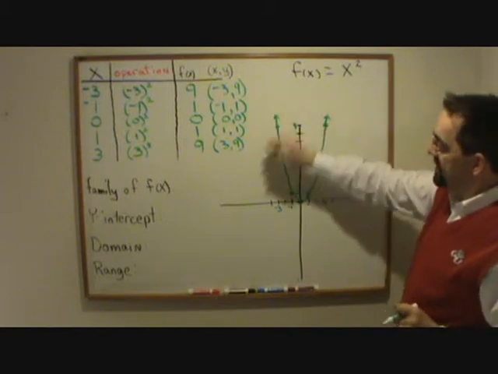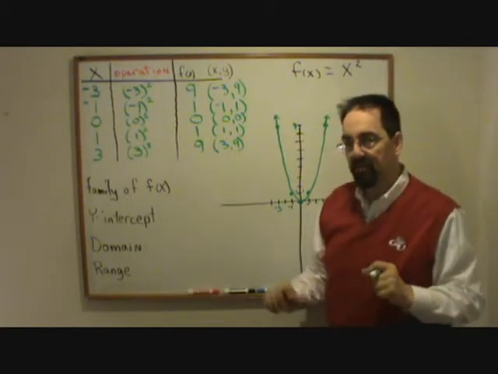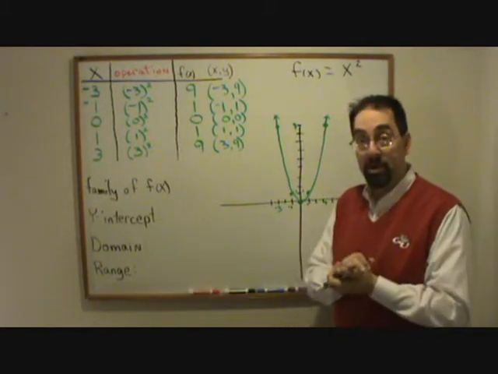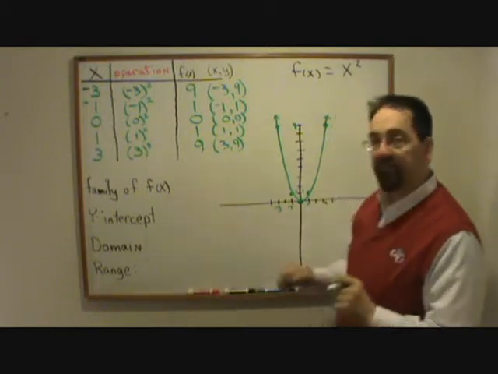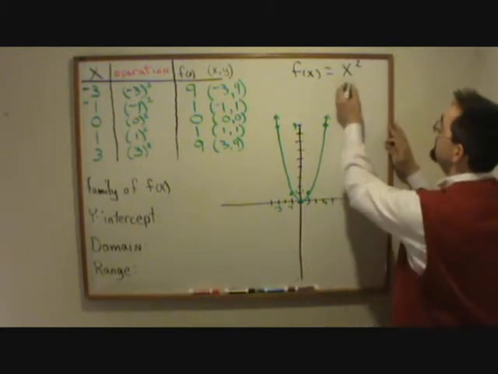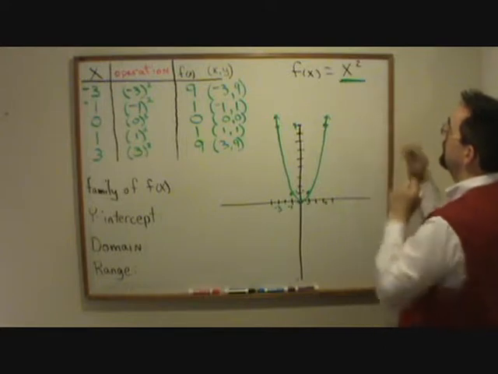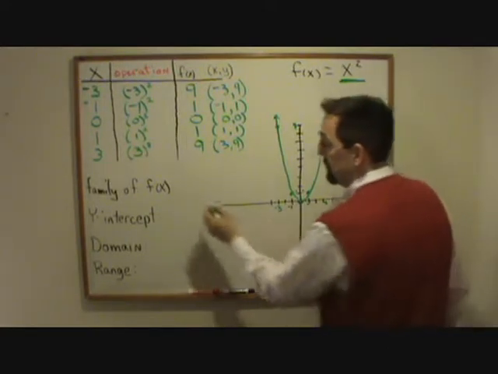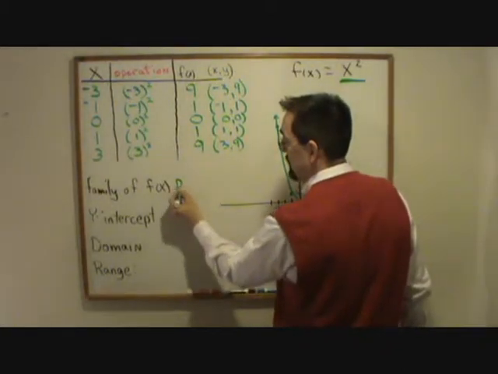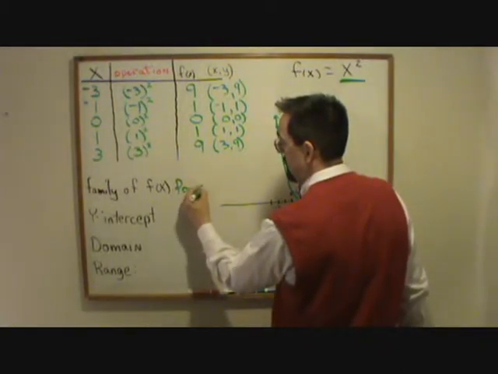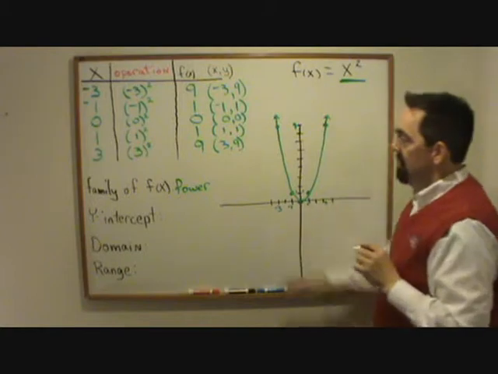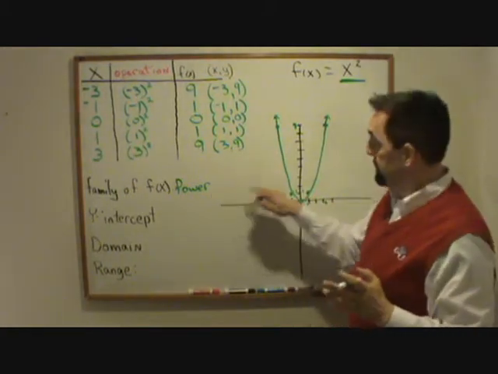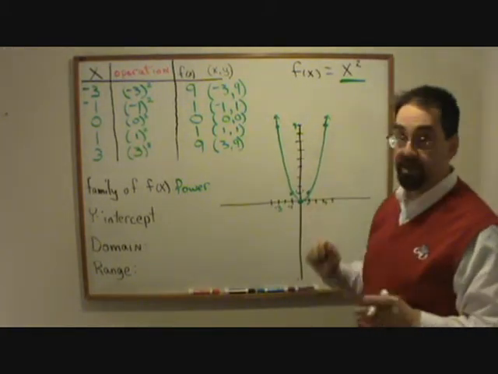Okay, now let's take a moment and answer some questions before we actually get to what we were trying to do, which was domain and range. The family of functions. Well, let's take a look at our actual function here. We have x raised to a power. That's our first clue. It's a power function. But in more common terms, we can see the shape is a quadratic.